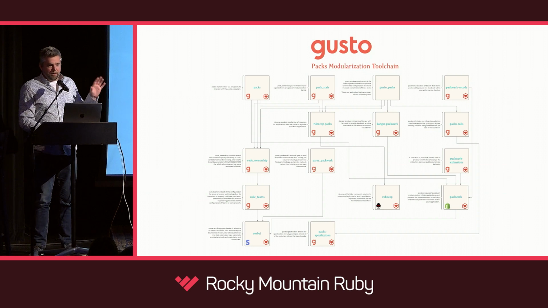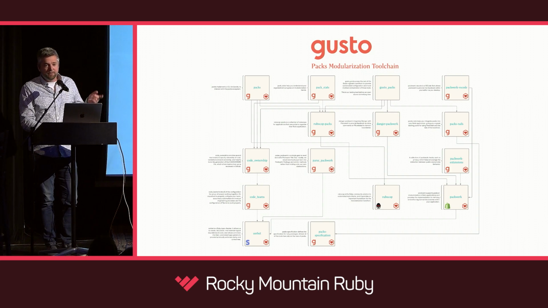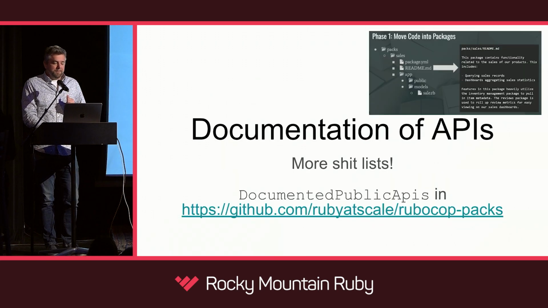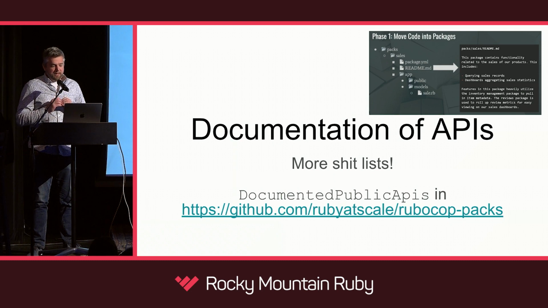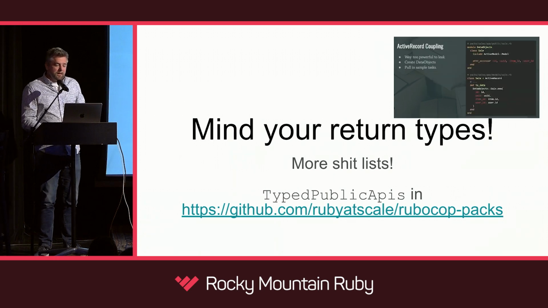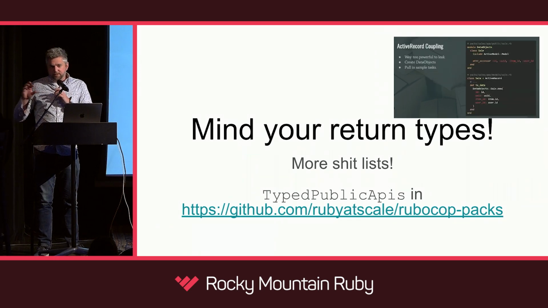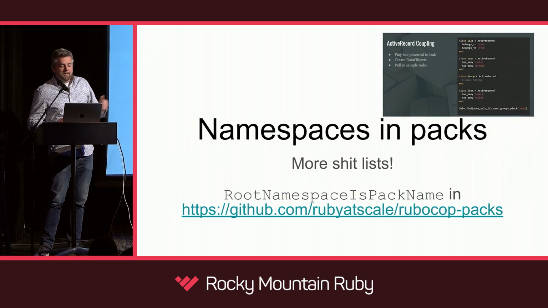Gusto built a bunch of tools around Packwork, and I want to do a quick reference to all the things that Marc was saying yesterday and the stuff that is also out there. He was talking about documenting of APIs. He was talking also a lot about shit lists. It turns out you can make undocumented APIs another shit list. He was talking about return types. Active record spreading around everywhere is dangerous. You can make that a shit list.